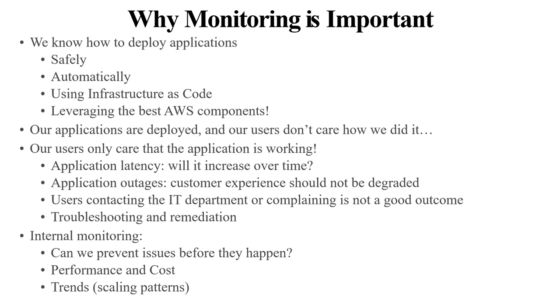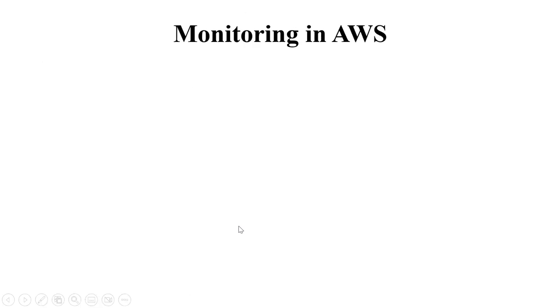Identification is very important: how much load we have on the application. Yeah, keep on collecting that trend information. That is scaling patterns. Learning all these points and keep on improving from the application resources point of view. Internal monitoring is required.